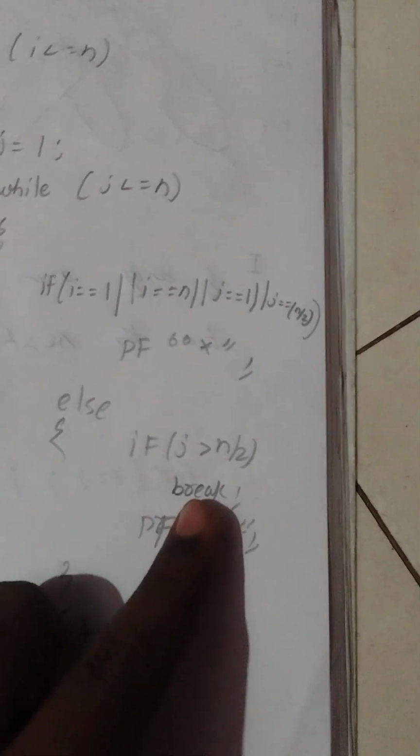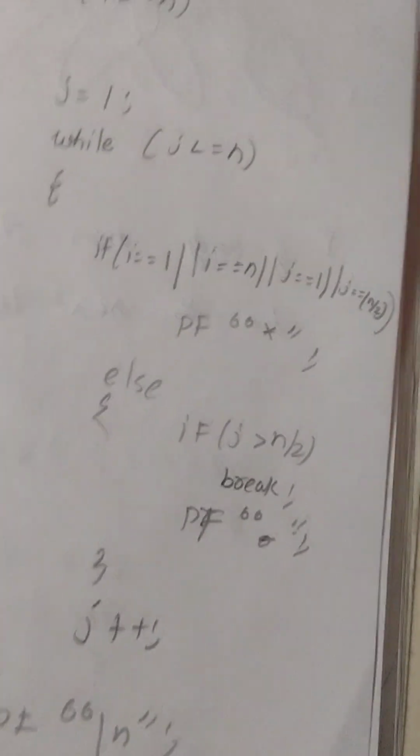And if you see here, if n divided by 2 is more than j, this is an execution that we don't need to do. For that purpose we are going to use break. If j is greater than n divided by 2, break, so it will completely break and come out.